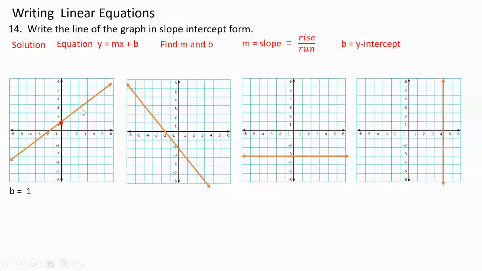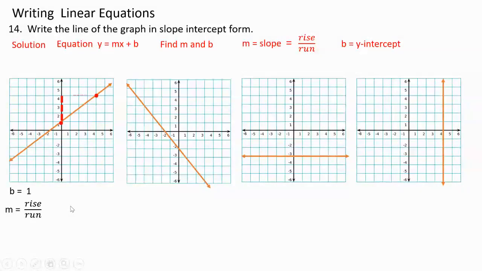So b is equal to 1. Now you have to choose another point, but it has to go exactly through a corner. For example, we cannot use that one there. We have to use this one over here, or we can even use this one at the bottom. It doesn't matter. I know this is going to be a positive slope because going from left to right, we're going up. So it's the rise over the run.